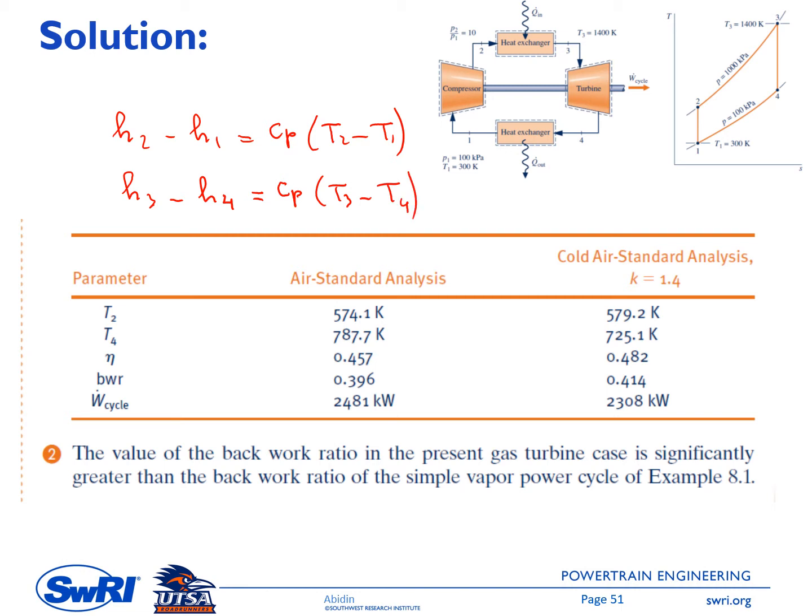And then you also have the correlation between the pressure ratio and temperature ratio, so that you can get T2 and so on. So you can see in here, if we use cold air standard analysis, we get the net work of 2308 kilowatt, while for the air standard analysis we got 2481. So there's some decent difference between these two analyses.